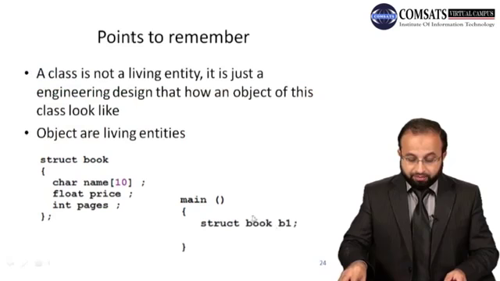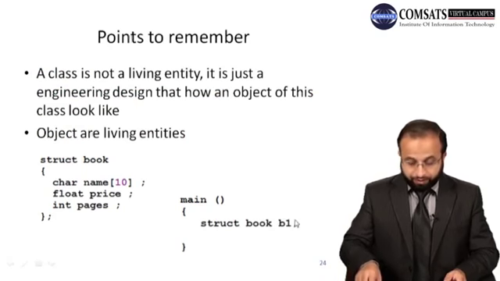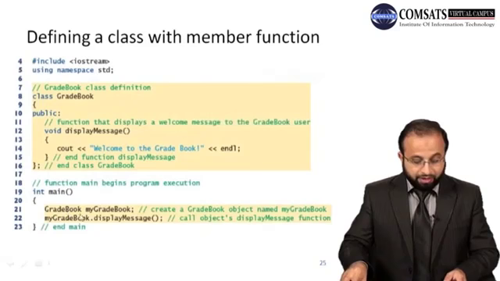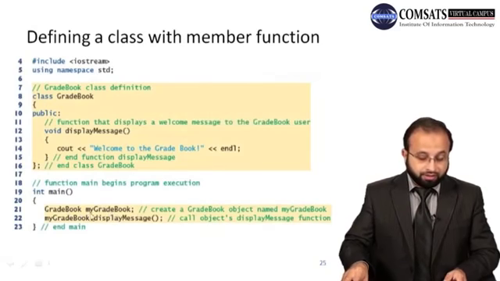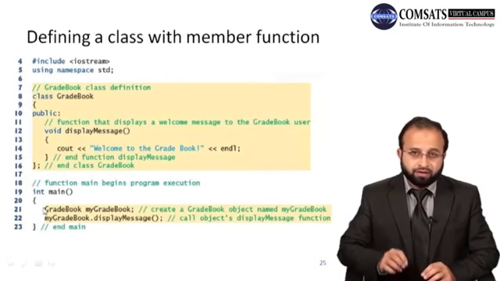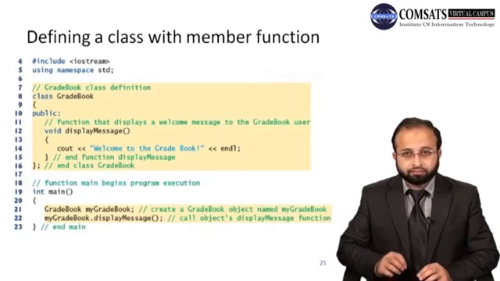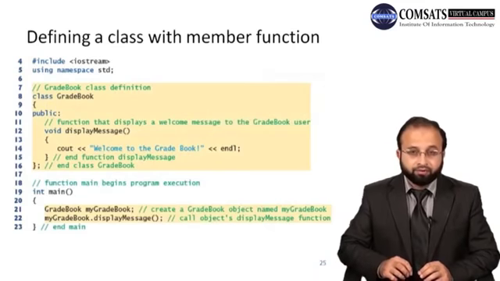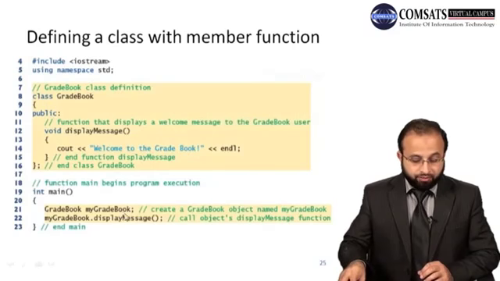Now when you create this variable whose type is struct book, the memory will be allocated for b1. So when you create the variable myGradBook whose type is the GradBook class, there is no need to specify the keyword class with GradBook. You can just simply write the name of the class, that is GradBook, then myGradBook, semicolon.